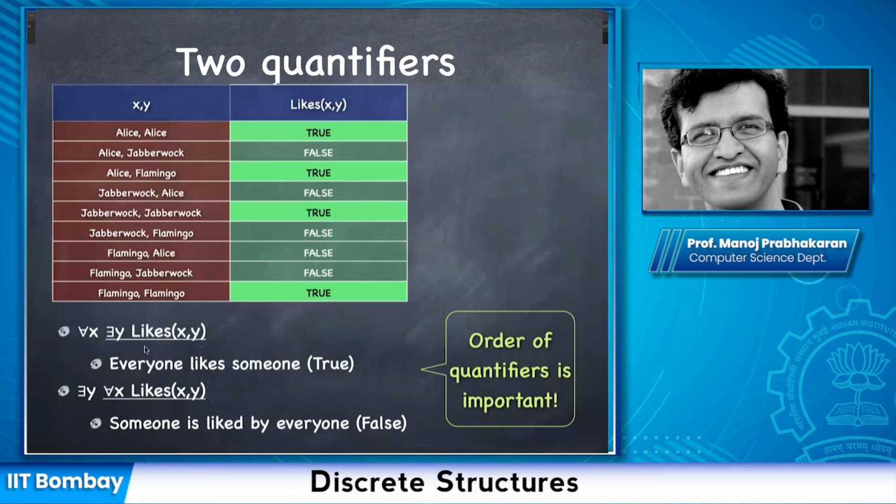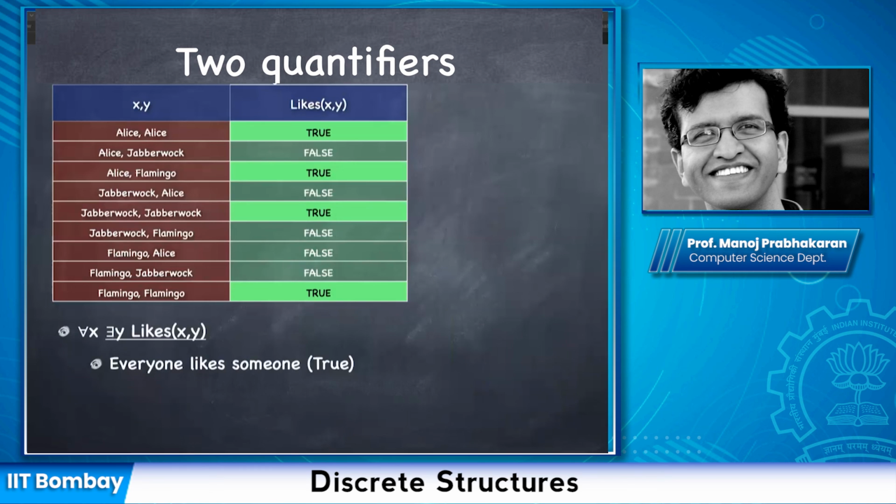There is x and y and likes(x, y), and there's for all x in both cases, there exists y in both cases, but for all x comes first and there exists y comes next in the first statement, and here the order is reversed, and they have completely different meanings. One proposition turns out to be true, the other turns out to be false. So the order is important. Okay, so let's see this once more.